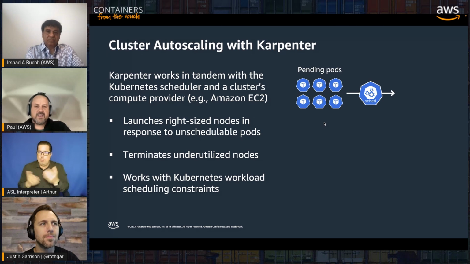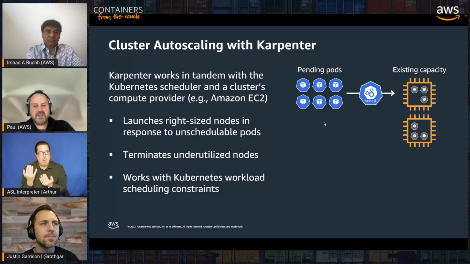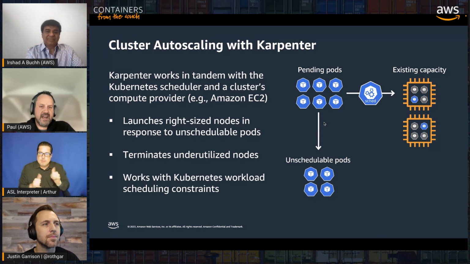So again, in a similar motion, you have these pending pods. The Kubernetes scheduler says, oh, I see this existing capacity. I see that there's room where I can put a couple more pods here. Let's build those. But then it says, I am still missing 4. And what do I do when I have these missing 4? Let's keep going.